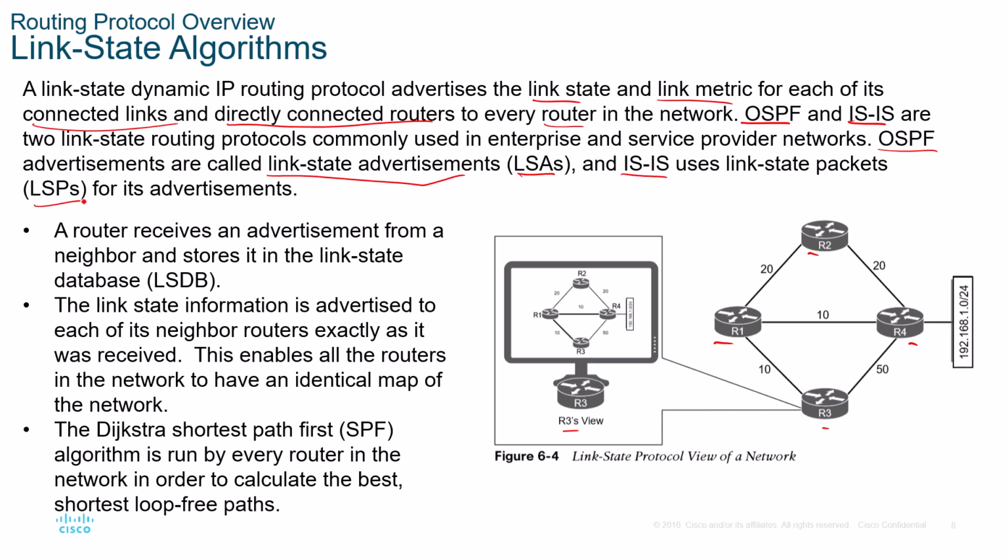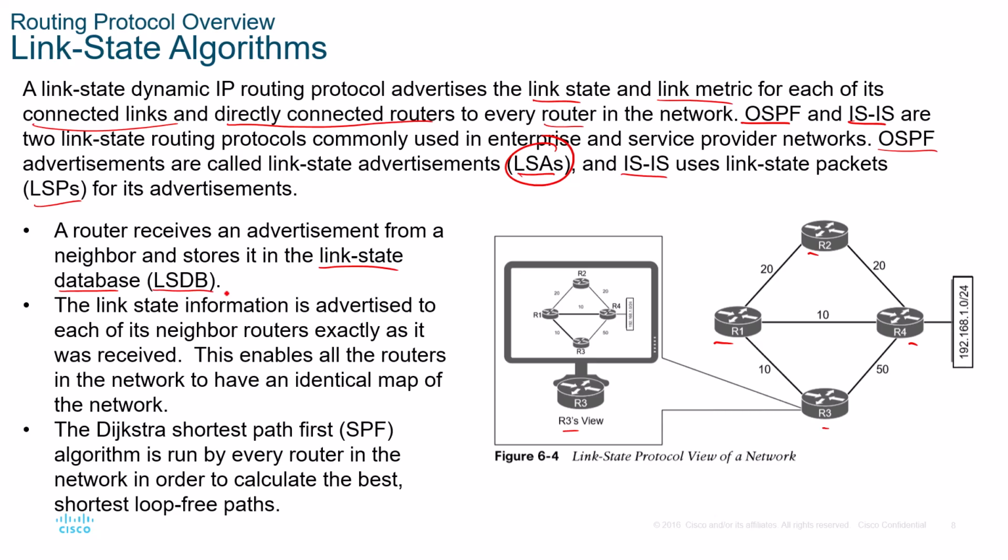In reality, for the CCNP level exam, you are learning LSAs. The router will receive advertisements from the neighbors and store them in what's known as the link state database, or LSDB.